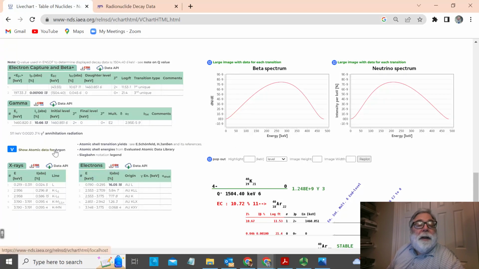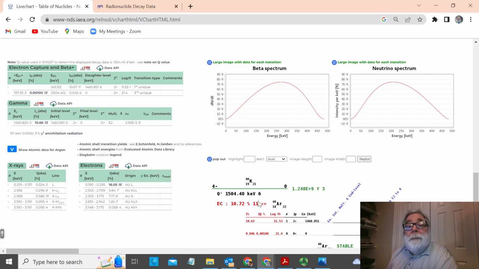For about 10.6% of the time, it is called K capture. Instead of emitting a positron, a proton absorbs an electron and becomes a neutron. And so it also ends up as argon through the K capture process. So this is electron capture and beta plus.